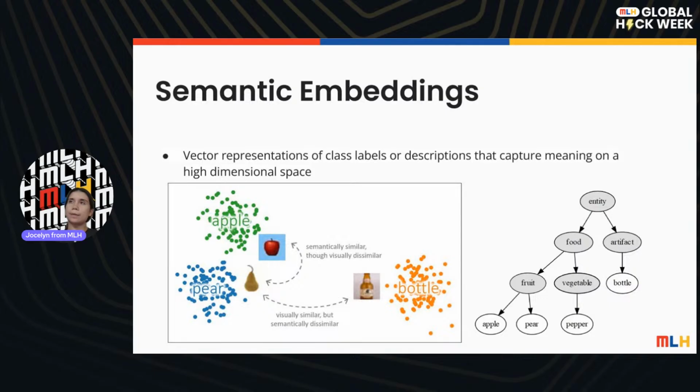So that's why they're semantically similar. But the bottle is semantically dissimilar because a bottle is not a fruit. It's not something that you can eat. But it's also visually similar because the pear is kind of yellowish, and the bottle is also kind of yellowish, and it's also long. So that's why they are somewhat alike in there.